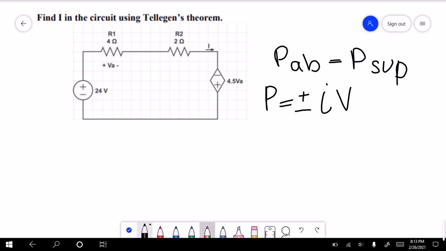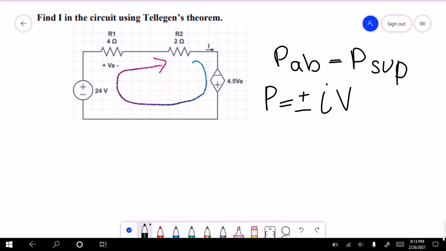So inside of the circuit, the current goes around like that. And because this is a single loop circuit, the current is the same throughout the circuit.